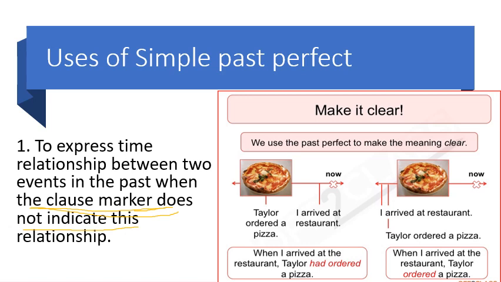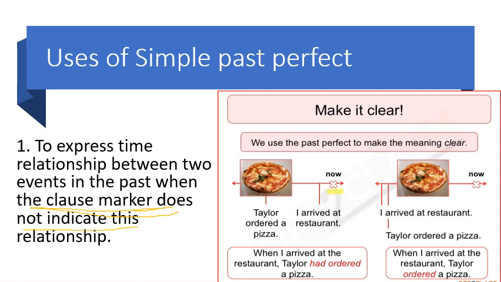Let's have a look at the following example. You have the same sentence, and you are going to a meeting or to the restaurant, and you have a friend who ordered pizza either before your arrival or when you arrived. This is now, the current moment of speaking.